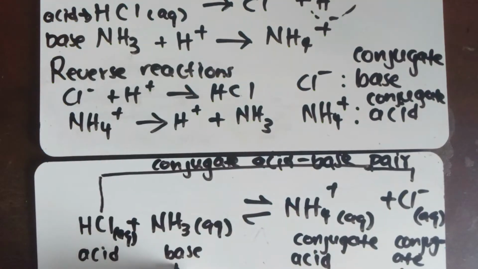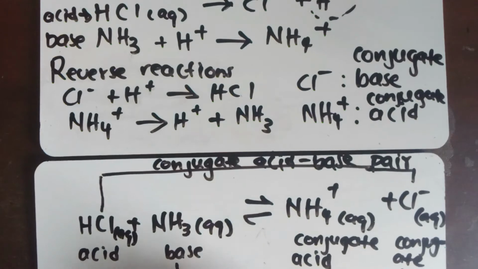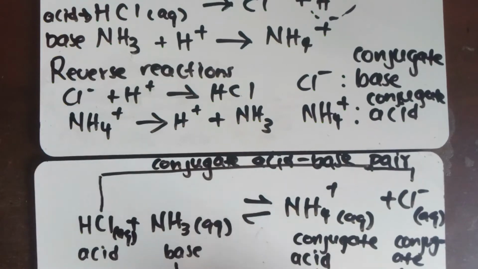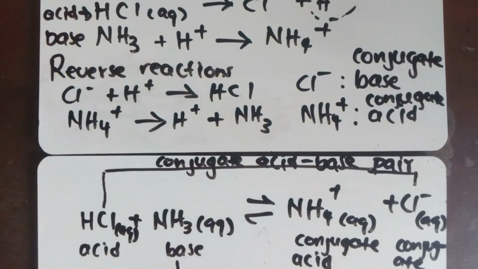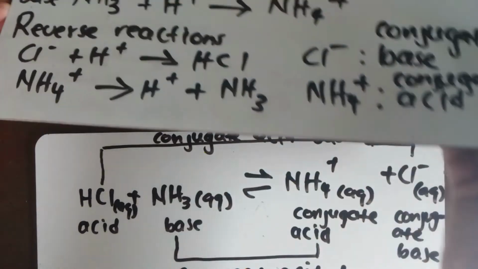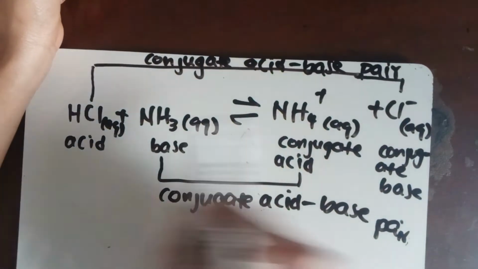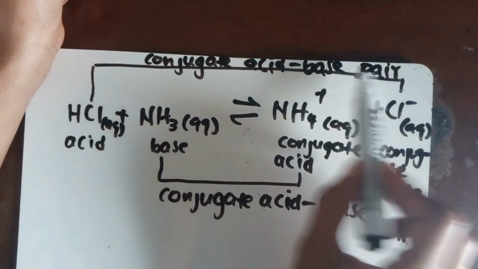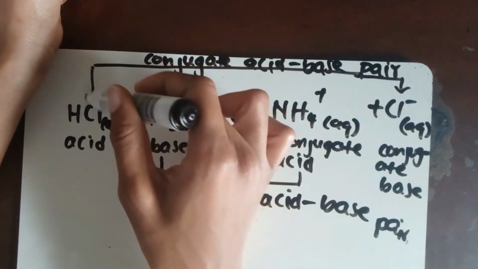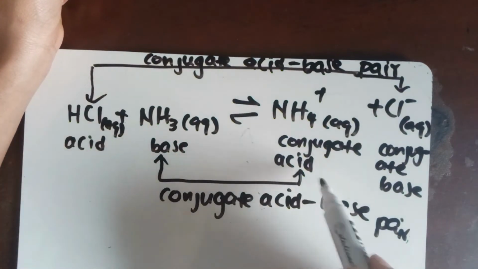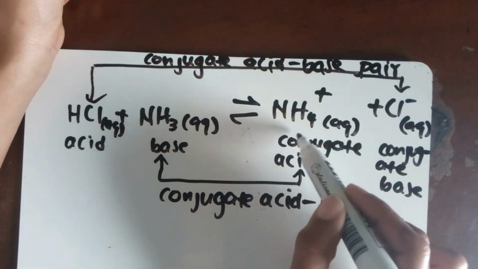And then ammonia there with the ion will form another conjugate acid base pair. Okay, that was in short. So HCl will form a conjugate acid base pair with Cl minus, and then NH3 will form a conjugate acid base pair with NH4 plus, right?